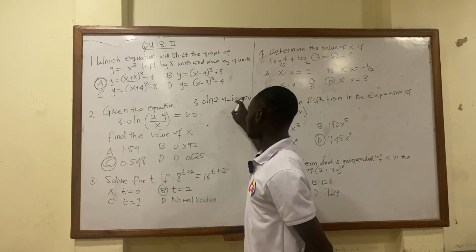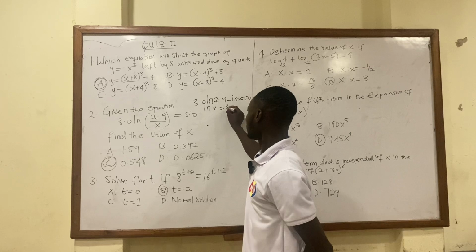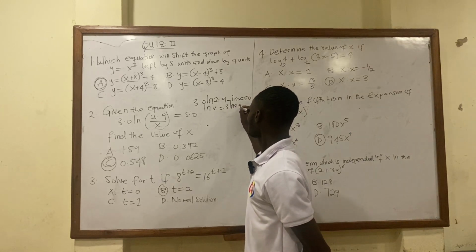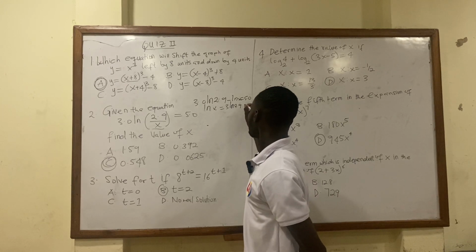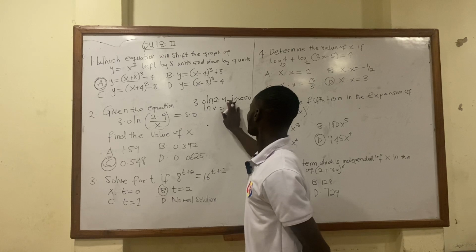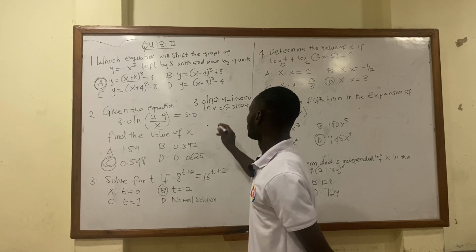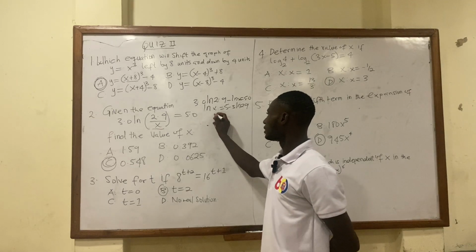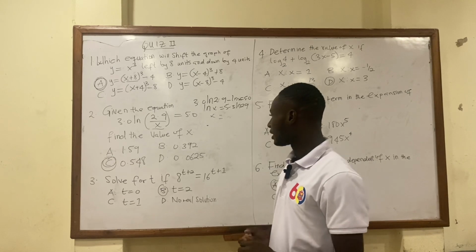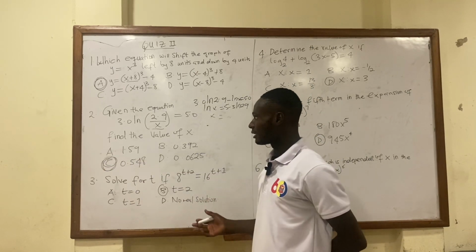So you leave the ln x on one side, and you have ln x is equal to 3 ln 2.9 minus 5, so you need your x. All you have to do is take the antilog of it, and you get 0.548. So that is your answer for this question.